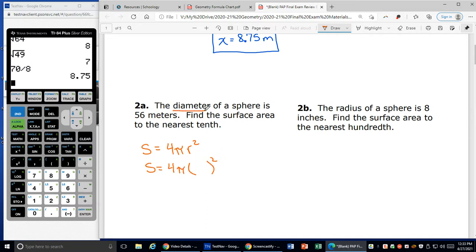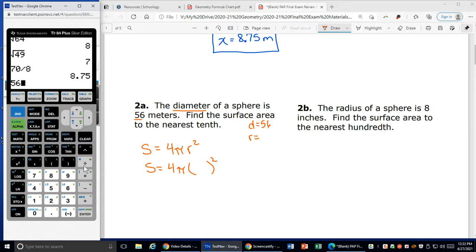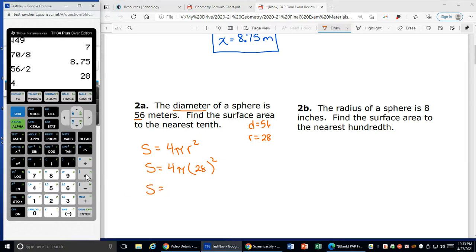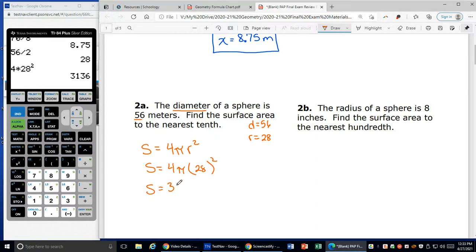Now they gave me the diameter as 56. So if my diameter equals 56, then my radius is half of that, 28. My exact answer is 4 times 28 squared, 3,136 pi, but it does tell me to round to the nearest tenth, so they're probably wanting the approximate answer.